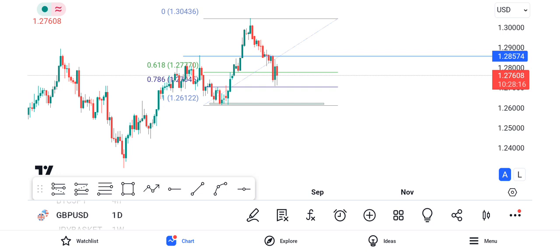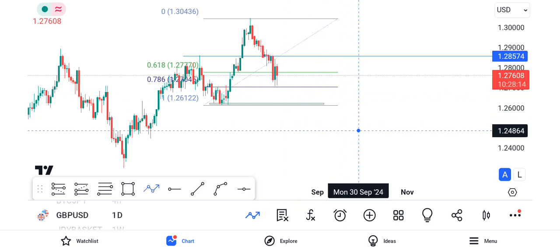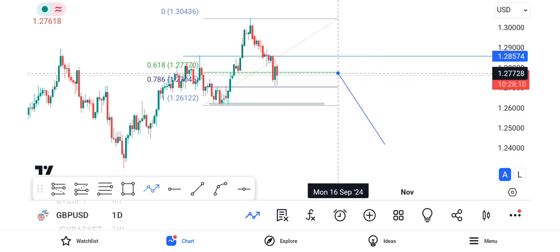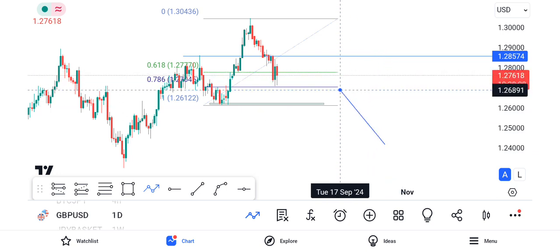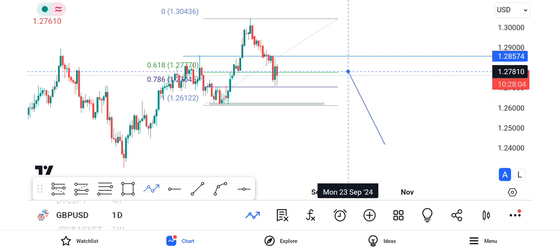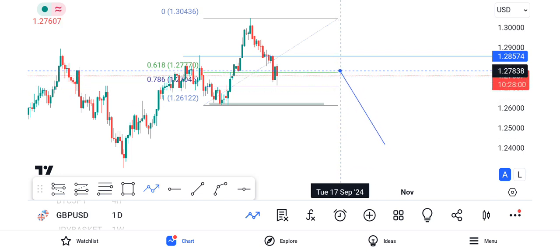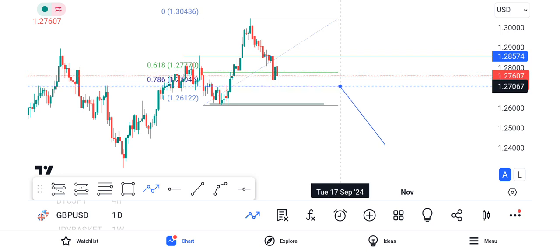As you can see, it's the 61.8% and the 78.6% level. These are the two levels I use on the Fibonacci. These two levels are pretty strong.